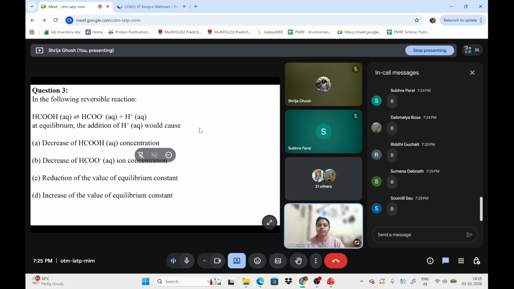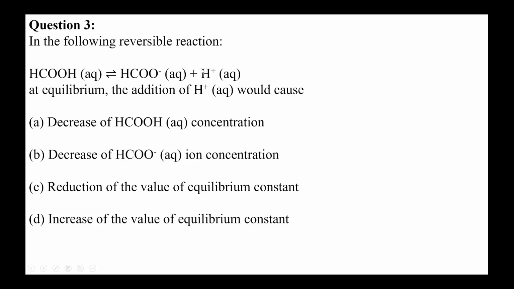So what happens at the equilibrium? The rate of the forward reaction, as I've told you, basically the dissociation of HCOOH into HCOO minus and H plus will be equal to the rate of association of HCOO minus and H plus to form HCOOH.